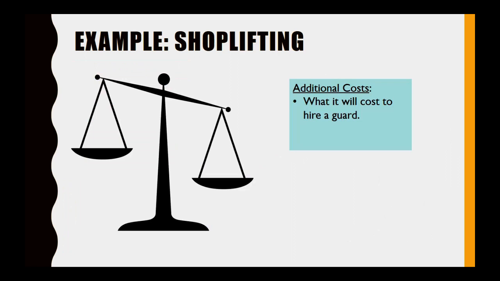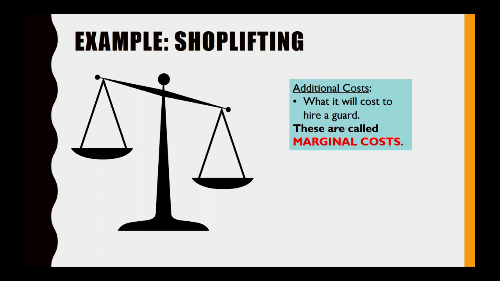So on the other side are the costs. So we need to ask, as we said, what will it cost us to hire a guard? So what do you think we call that? If the other was marginal benefit, this is marginal cost, right? So we call this marginal cost. The additional cost of a guide, I keep saying guide, but I mean guard, sorry. I'm still in like Costa Rica hiring tour guide mode. Marginal cost.